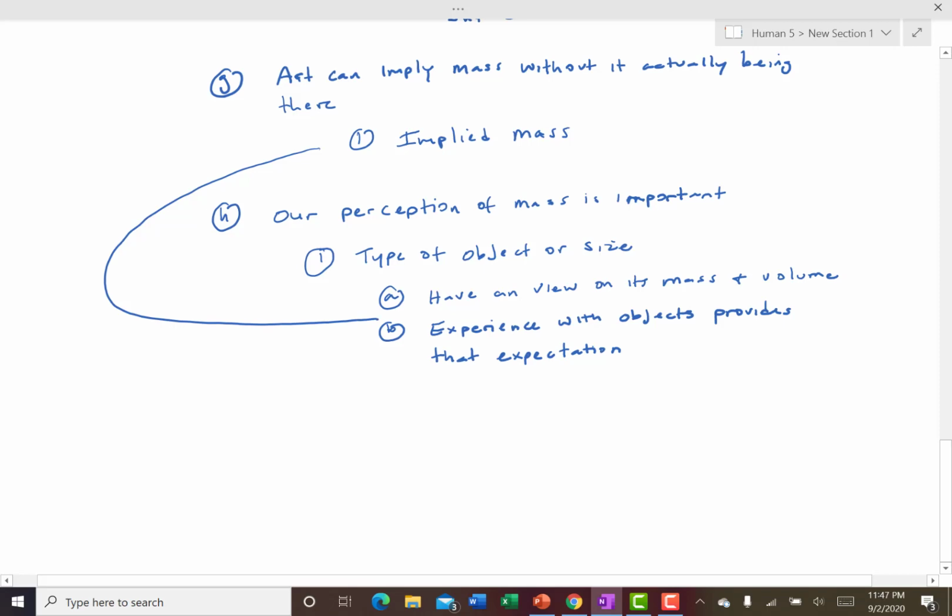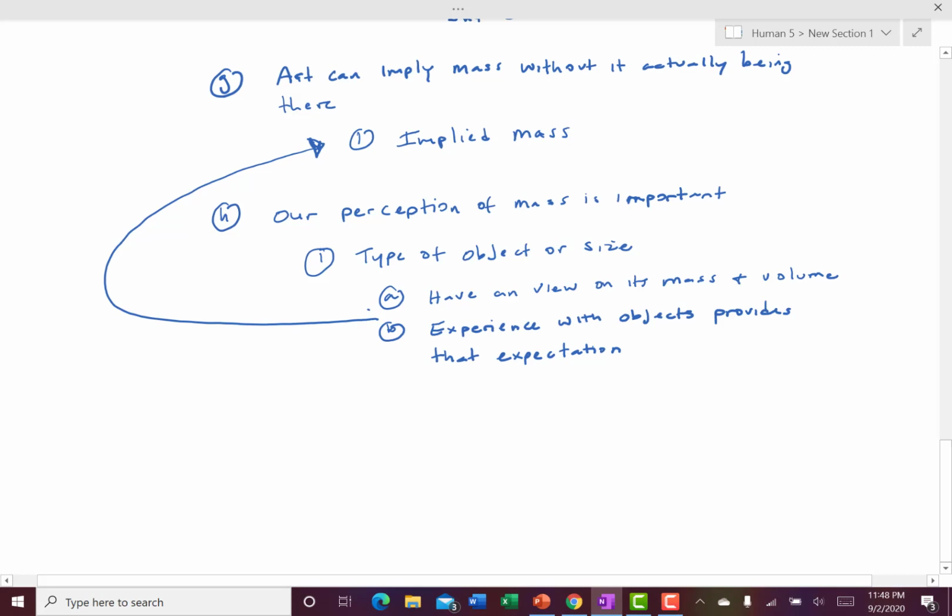Because we already have a sense of, oh, this pencil is supposed to be this. So let's say I see a pencil and it's something an artist has done. And it's something that you can interact with. It's a form, not a two-dimensional one. And it's something that you're allowed to pick up. And so you go, oh, look, this is some art design. It's a pencil. Let me pick it up so I can play with it. And I pick it up, and it weighs only as much as a feather, right?